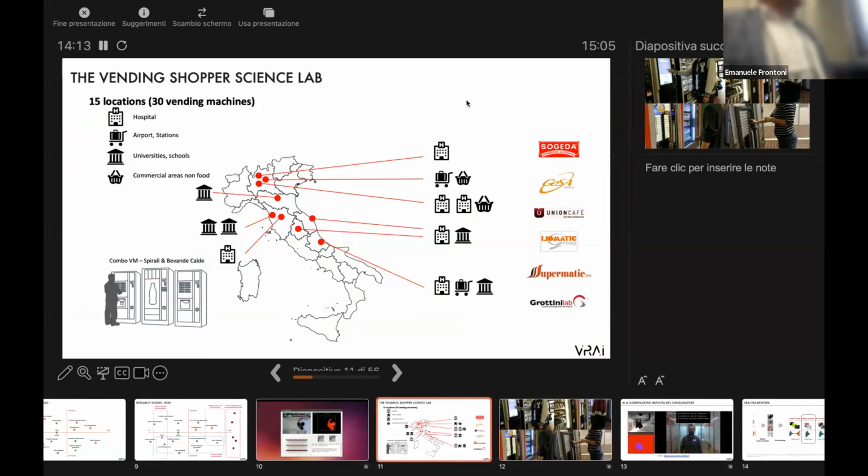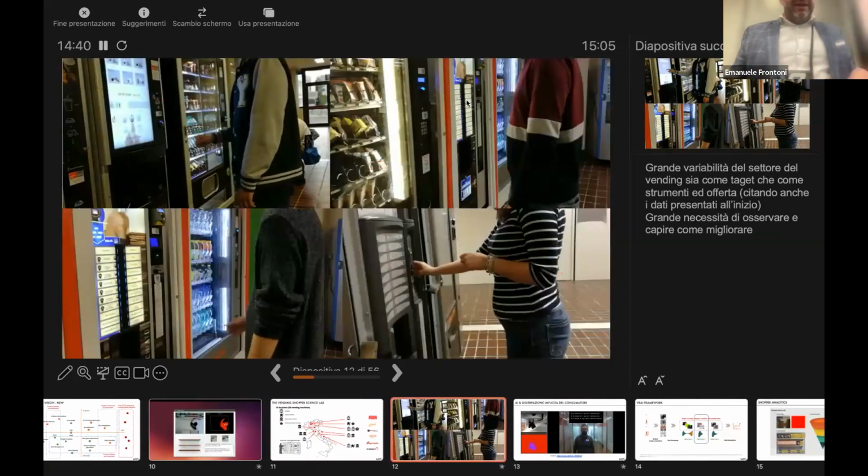So for several years, we had this very nice vending shopper science lab that was around Italy. And again, it was a way of collecting data together from the different locations, with full access to human behavior analysis, sellout data, planogram and category management, all the different stories that we can decide inside the retail application. For the vending machine, we adapt the same story.